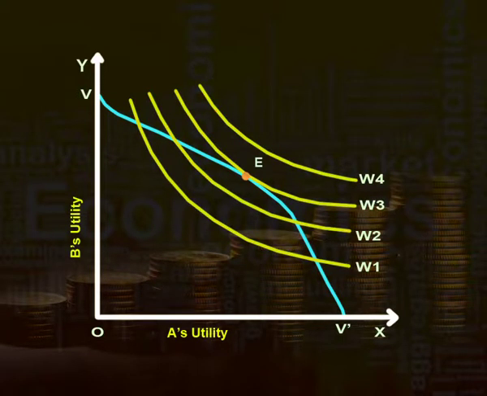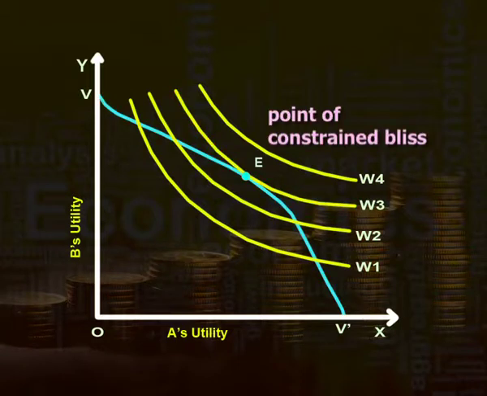In this diagram, there are 4 different social welfare curves W1, W2, W3 and W4 and a curve VV', that is a grand utility possibility curve, which shows various combinations of utilities received by individuals A and B. The point E, where the grand utility possibility curve is tangent to W3, which is the highest attainable social welfare function, is called the point of constrained bliss.